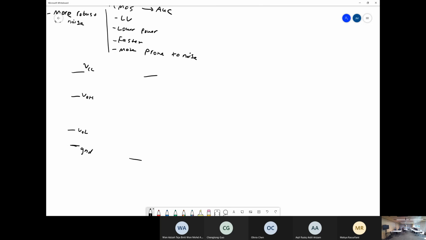These are the values that you have to satisfy to meet the conditions of the logic family. You'll also have V input high and V input low. So you need to be above this or below this to register an input high or an input low. And the output needs to be above this or below this to be a valid output.